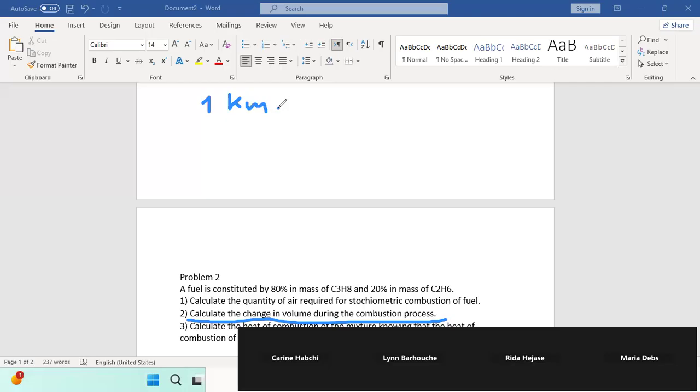So 1 kilomole corresponds to 22.4 meter cube. So in order to find the change, we can say that delta V is equal to 22.4 times delta N, which is the change in number of kilomole.